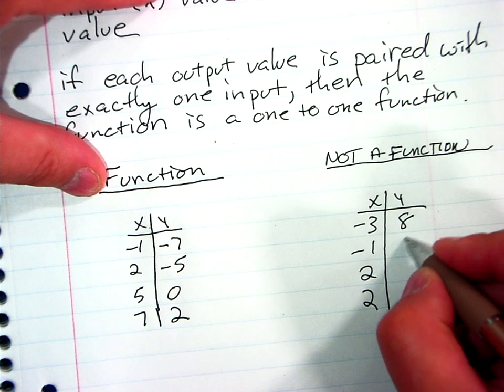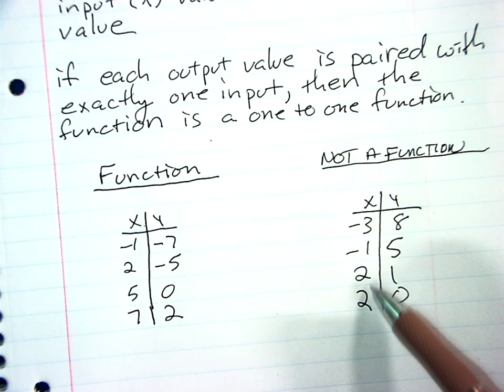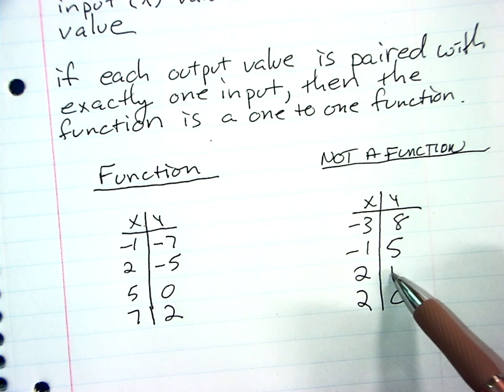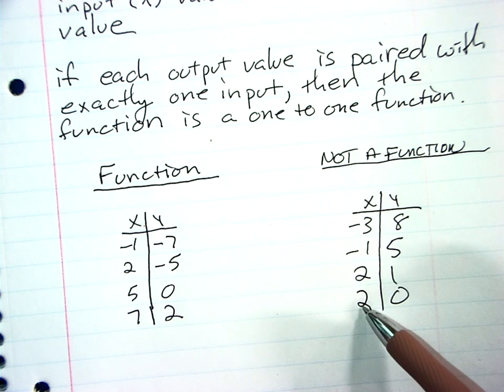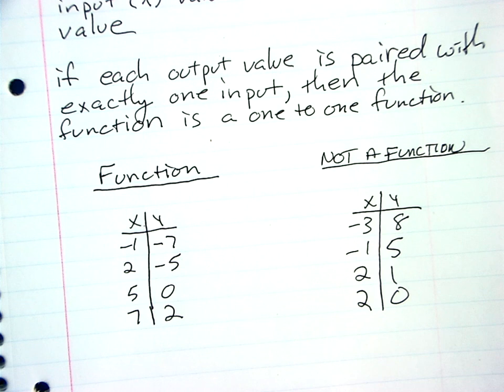And my outputs are 8, 5, 1, 0. All right, this time Abby pushes water and gets water. This time Abby pushes water and gets canola oil. So is this a function? No, that's not a function. So you can tell from a function table whether it is a function or not.